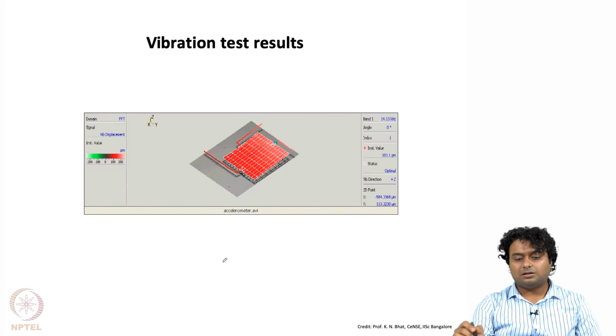And this is from the laser Doppler vibrometer, the actual vibrating image, which is a kind of reconstructed image, and here you can see that the beams are much thinner than the proof mass.